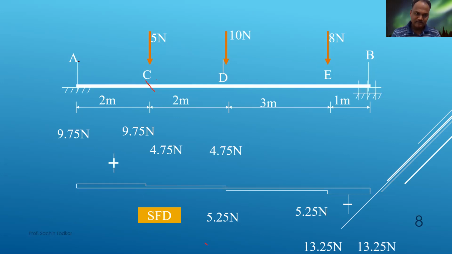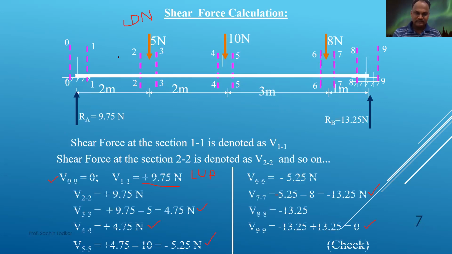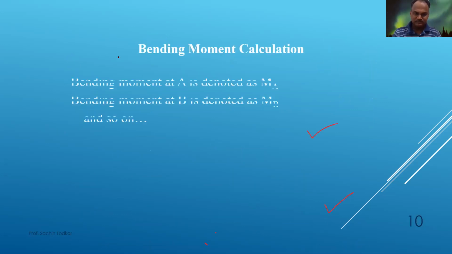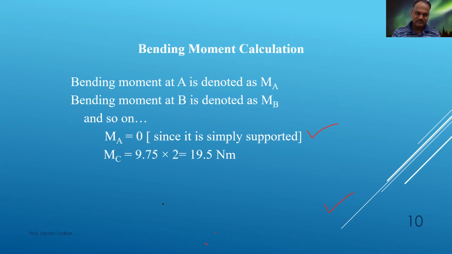So that's why your moment will be positive. That's why it is 9.75 into 2, that is 19.5 Newton meter.